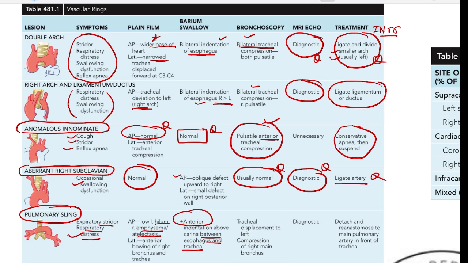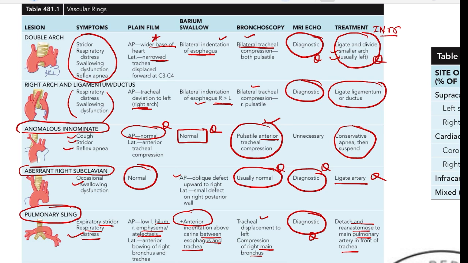Bronchoscopy shows tracheal displacement to left, compression of right main bronchus, and MRI echo is diagnostic. So what is the treatment of choice? Detach and re-anastomose to main pulmonary artery in front of trachea.